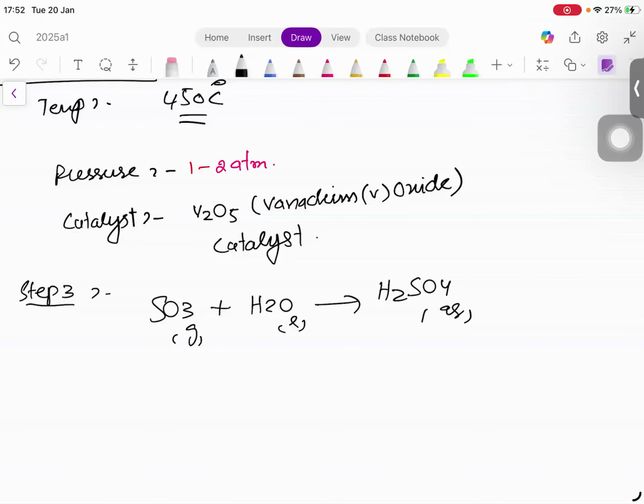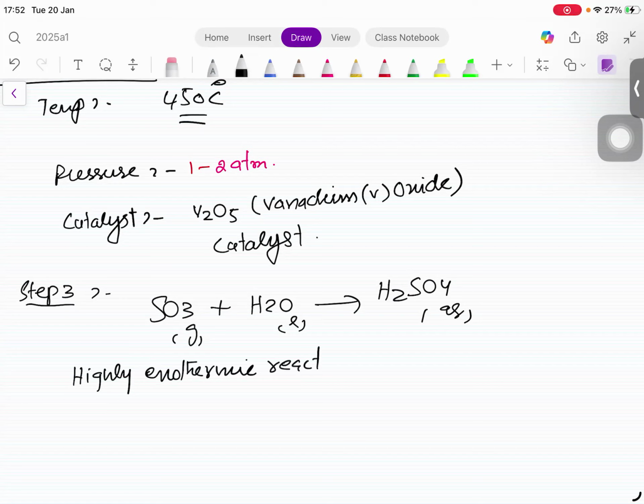So as the reaction is happening on a large scale, this is a highly exothermic reaction.